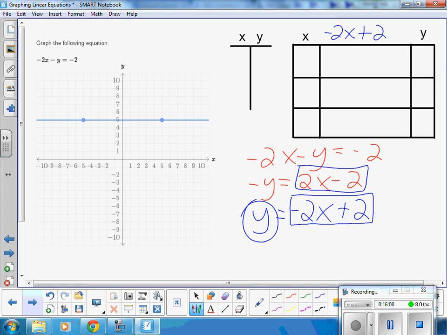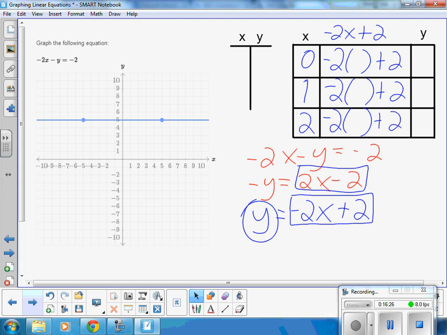Choosing any values, there's no fractions, so I'll just choose the values 0, 1, 2, and I'll substitute those values and do my calculations on a calculator or in my head. Either way, just make sure you get the right answer.